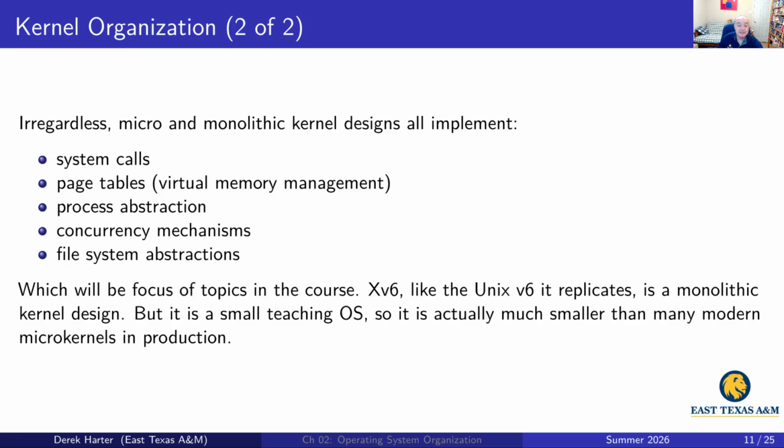Regardless of whether a modern operating system is considered monolithic or a microkernel approach, they are all implementing the stuff that we've already talked about. For the most part, you're going to find the same kinds of abstractions in Windows, Android, Linux variants, and Mac OS.